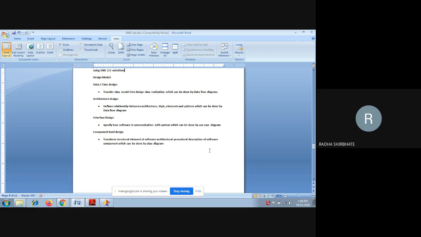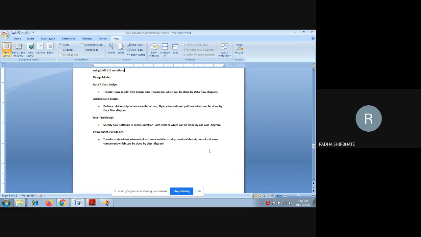We also define the different types of interfaces: there are three types, the user interface, the internal interface, and the external interface. We execute this task using the interface design, and we have already studied it under the use case diagram, where we identified the actors and the different use cases, and drew the relationships between them using the different types of transitions.